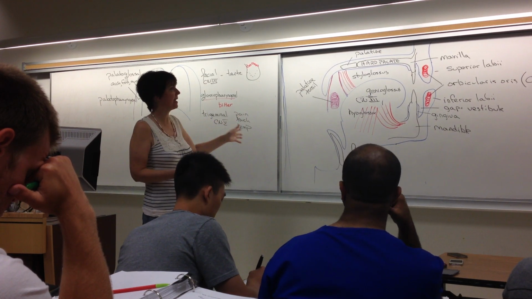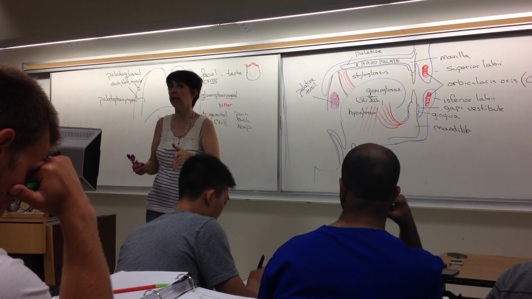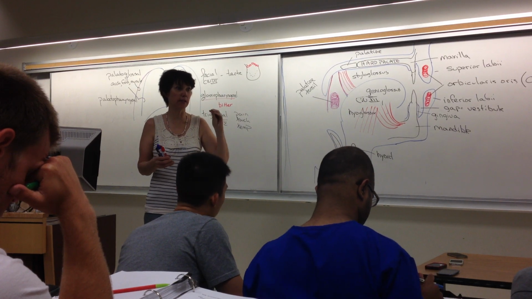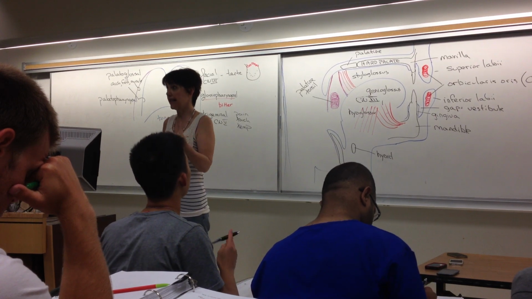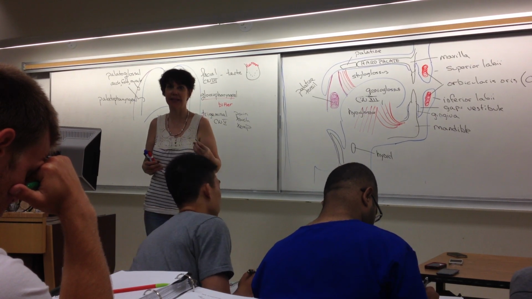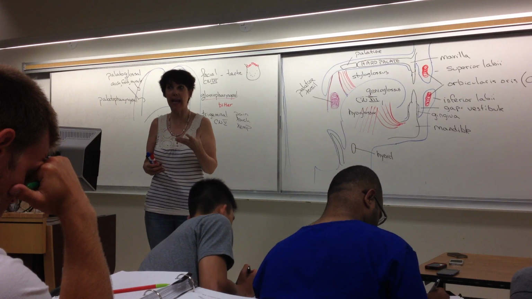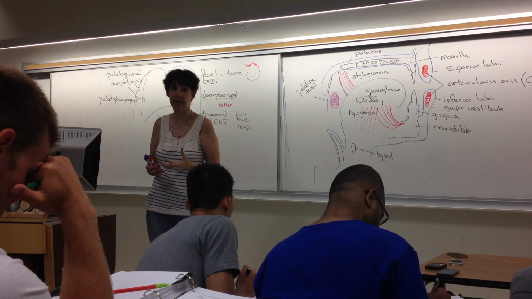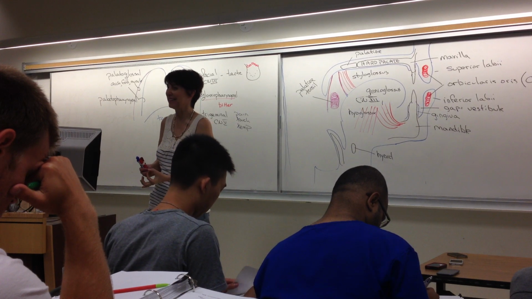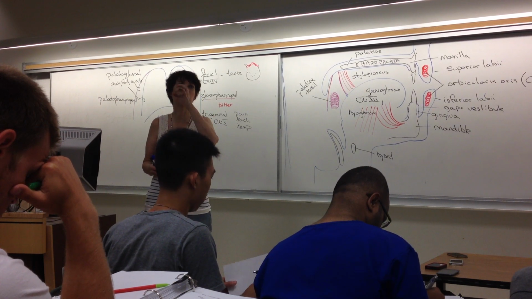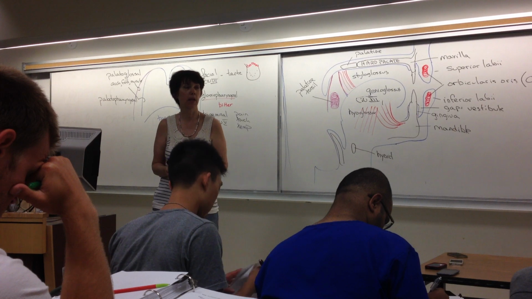However, when we talk about accessory organs in the digestive tract, the meaning of that is that food does not pass through that organ. All right? So the salivary glands are accessory organs. The liver and the pancreas are accessory organs. You would die without the liver and the pancreas. So they're needed, but they're not part of the tract. They grew out from the tract, but food is not actually passing through them.